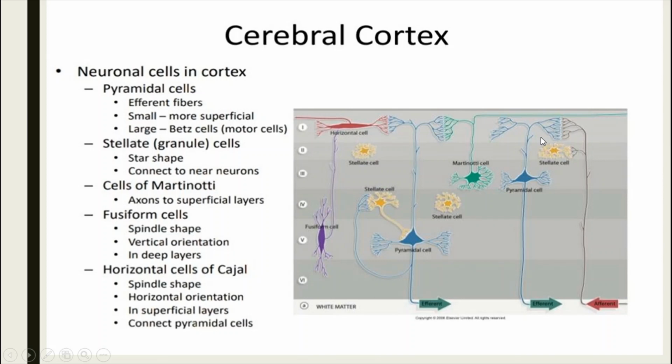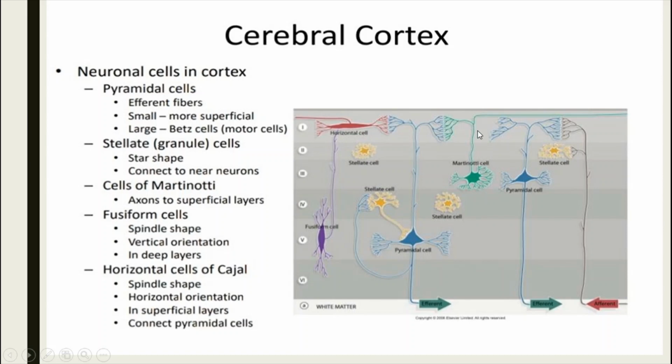Another type of cell which can also be seen superficially is the cells of Martinotti. The Martinotti cells possess small processes.